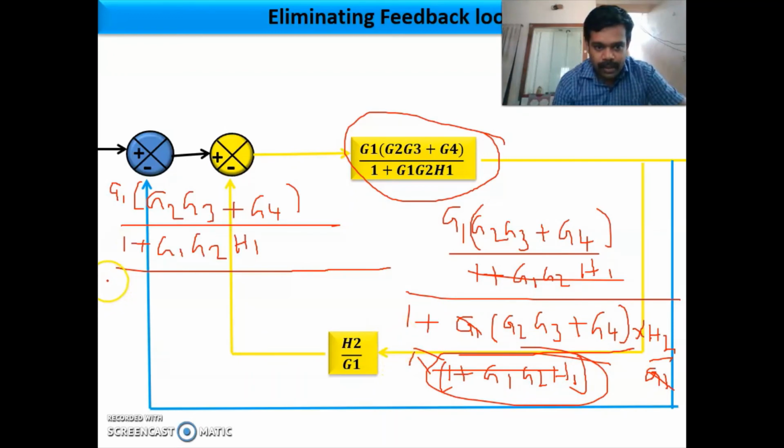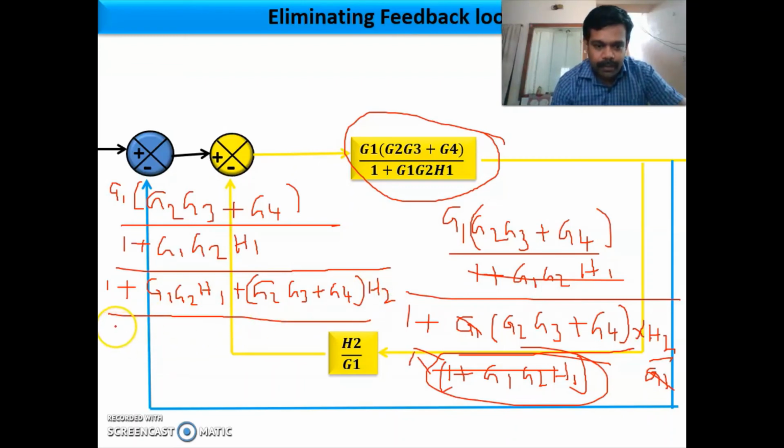So you'll be getting 1 plus G1, G2, H1 plus G2, G3 plus G4 into H2 divided by 1 plus G1, G2, H1.